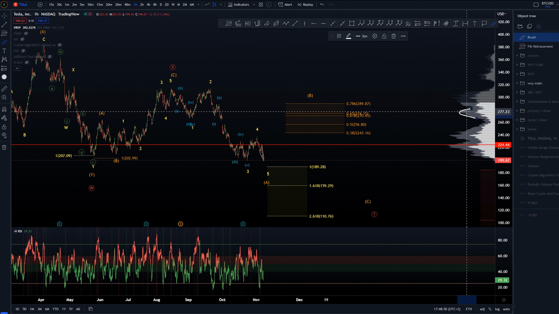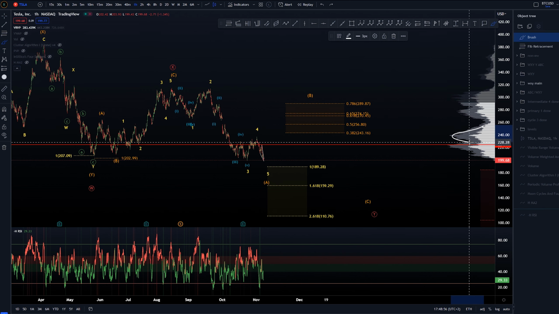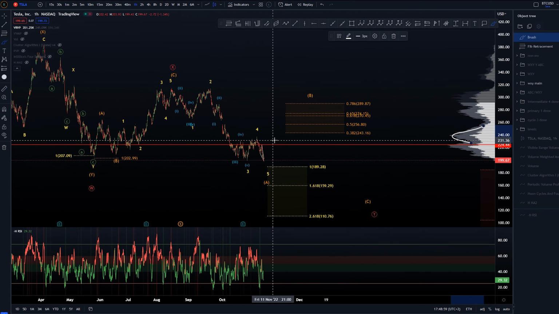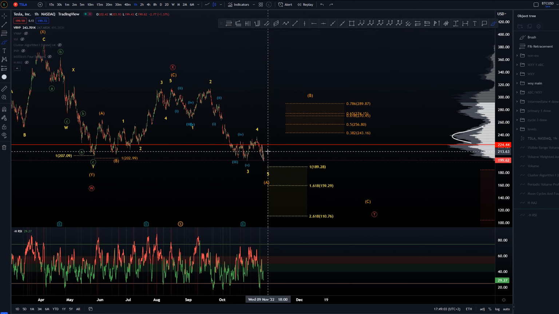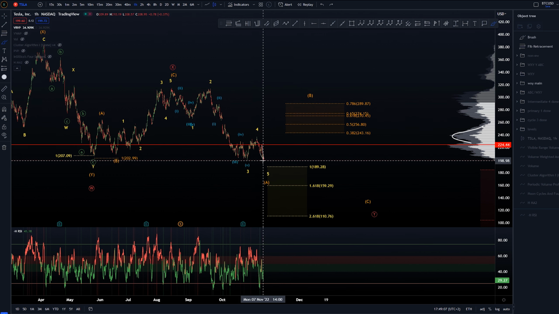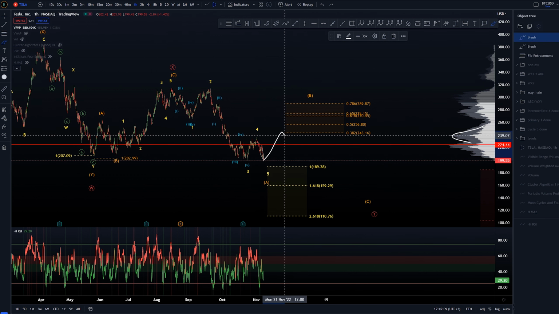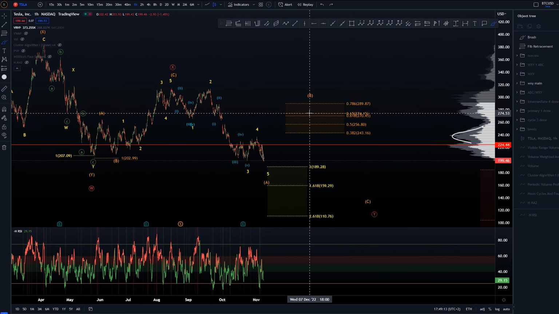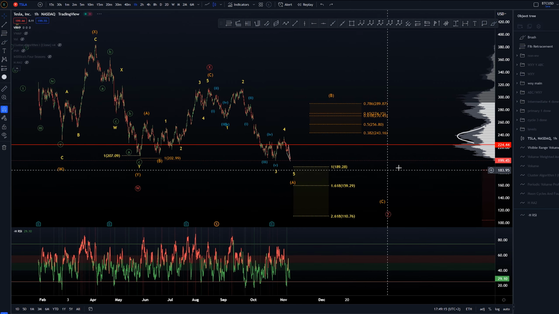Again, that golden pocket is giving us some kind of volume profile there as well. 32 definitely has a lot of volume here as well, where we of course previously rejected with this previous wave 4. I do expect us to get through that though, just because this might look a bit small for a correction for that wave B. So that's why I do expect us to get up in here.